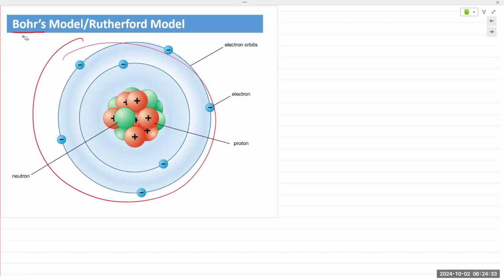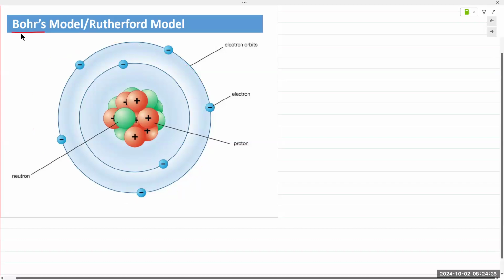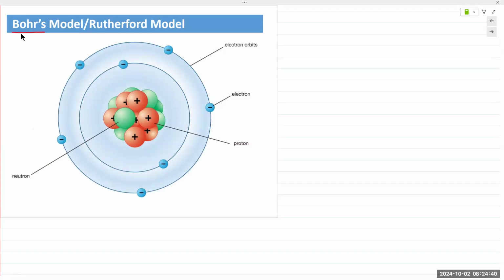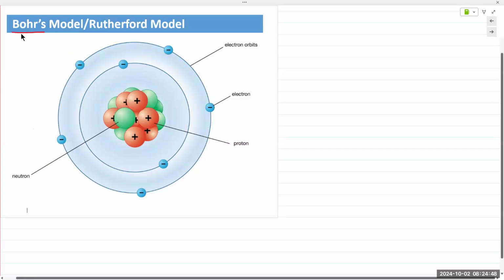And Niels Bohr then postulated that electrons are not free to just move about because they are at discrete energy levels. So the orbits around the atom are fixed, and the electrons are moving in that fixed orbit.